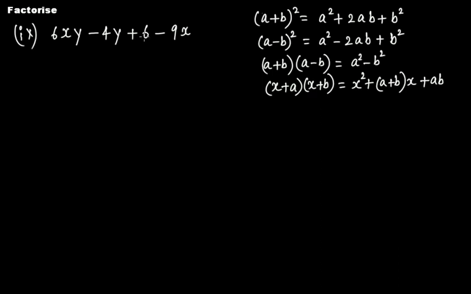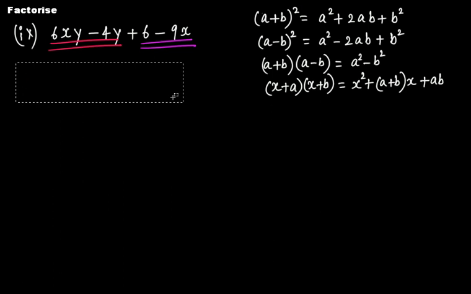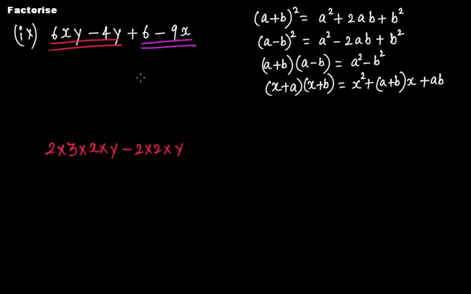6xy minus 4y plus 6 minus 9x. Okay, so what can we do in this case? Well, if we group these two together and these two together, now this is 6xy, write this as 2 multiplied by 3 multiplied by x multiplied by y minus 2 multiplied by 2 multiplied by y, then you have this plus sign here.